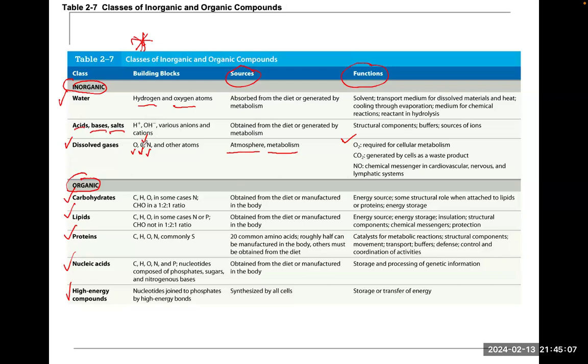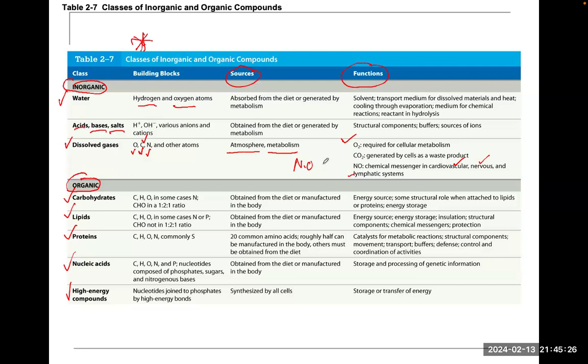And then when we combine nitrogen and oxygen, we get nitric oxide. And that's one of the chemical messengers in the cardiovascular system, the neural system, and lymphatic system. We think of NO, or nitric oxide, in the cardiovascular system as a vasodilator, right?